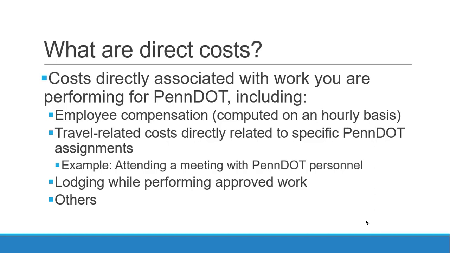Other direct costs are travel-related costs directly related to specific PennDOT assignments. For example, attending a meeting with PennDOT personnel. Other direct costs include lodging while again performing approved PennDOT work, and other costs, which may vary depending on the type of work you are doing, but could include third-party testing costs, reproduction costs, and other related costs.